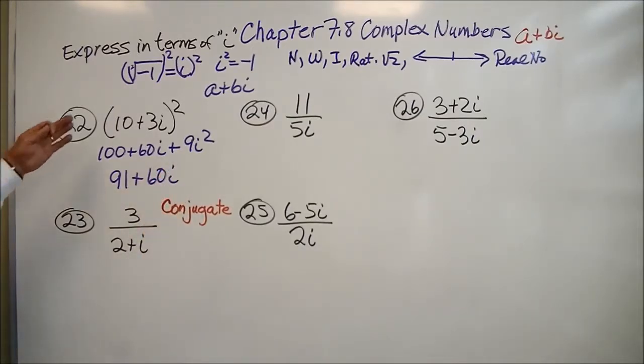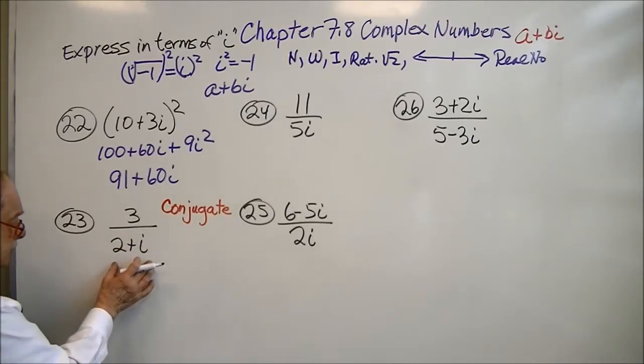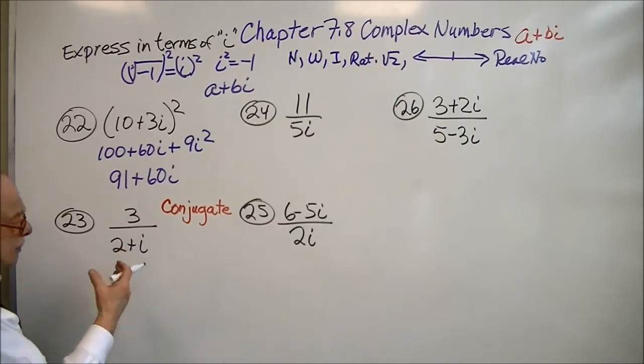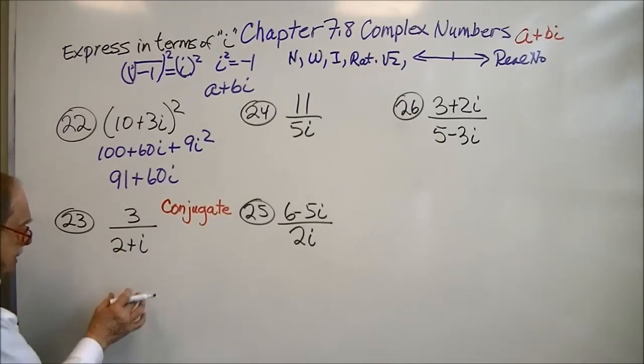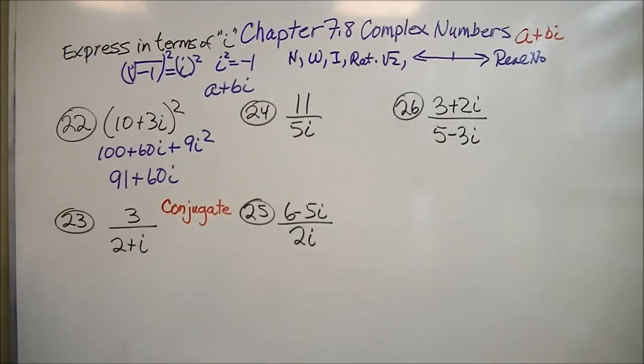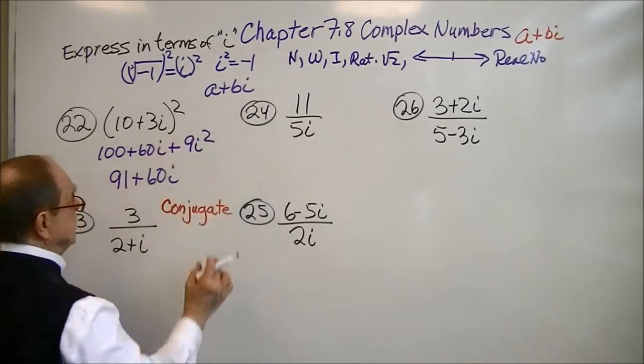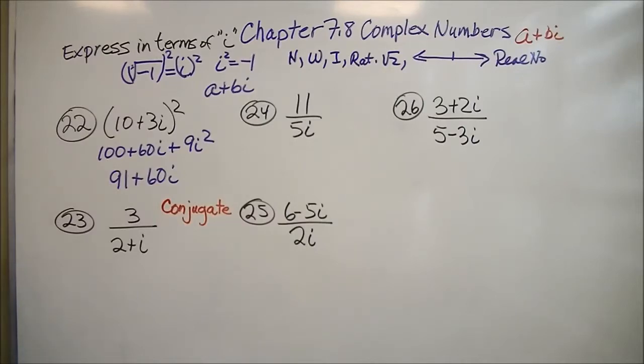Okay, so this was multiplication. Now we're going to do some division, and it looks a little strange. It looks like fractions, but we want to sort of like rationalize our denominators here a little bit. And keeping in mind, we're going to eventually put things into standard form.